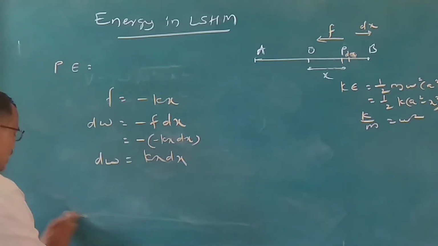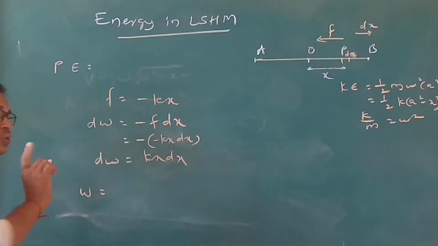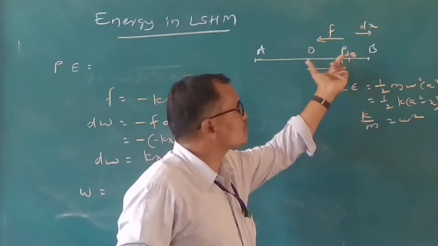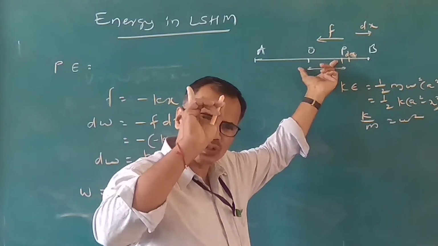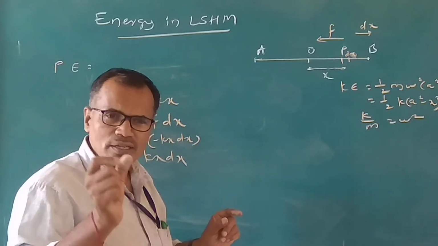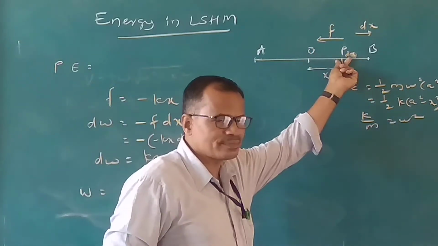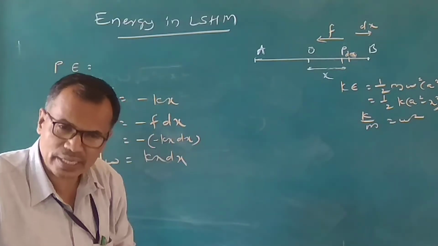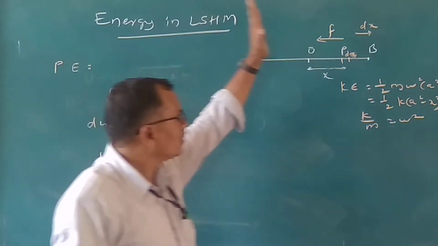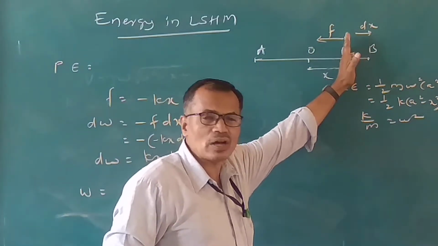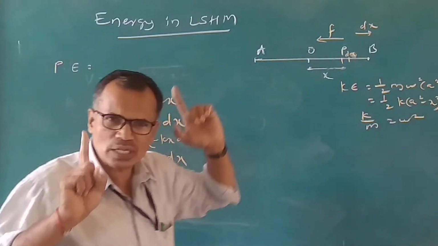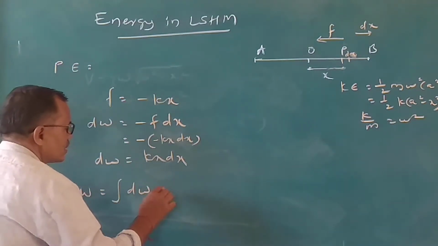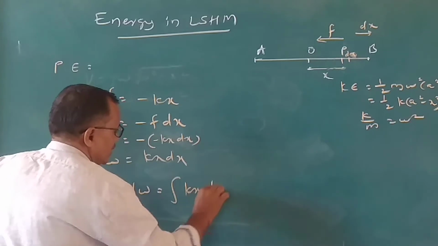Let W be the total work done to displace the particle from the mean position to the point P, or to distance x. For a small displacement dx, the work done is kx dx. So W = integral dW = integral kx dx.